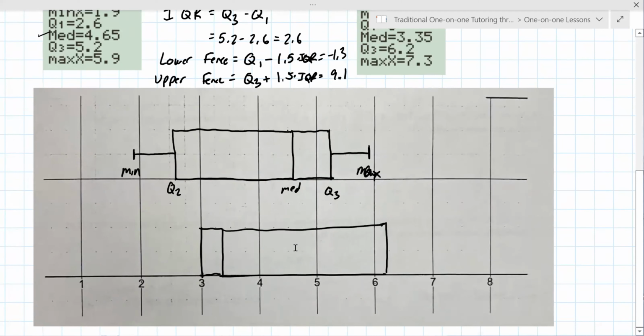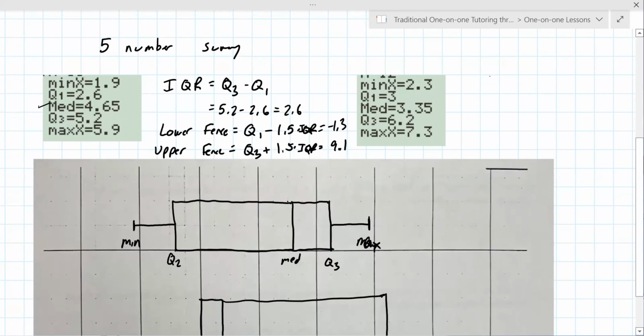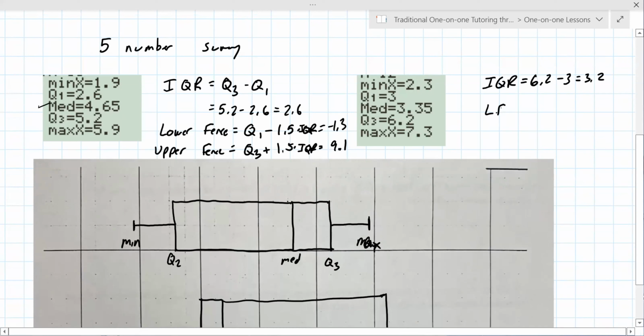And then again, the next thing is you need to calculate the interquartile range, IQR. So your IQR is 6.2 minus 3, which is 3.2. Then your lower fence is Q1, which is 3, minus 1.5 times 3.2.